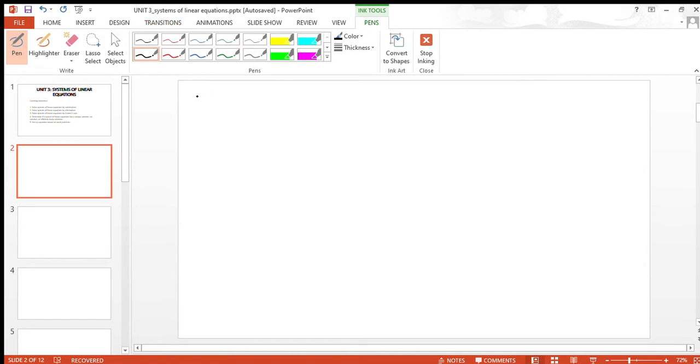Let's say we have this as our system: 2x minus 3y equals minus 2 for equation 1, and equation 2 is 4x plus y equals 24. That's our system. And let's choose a variable to be eliminated.